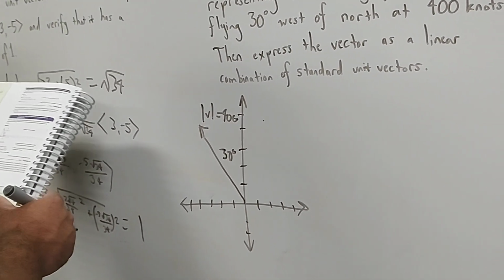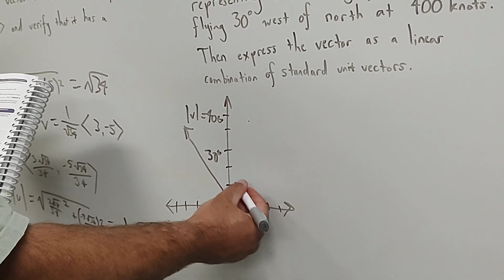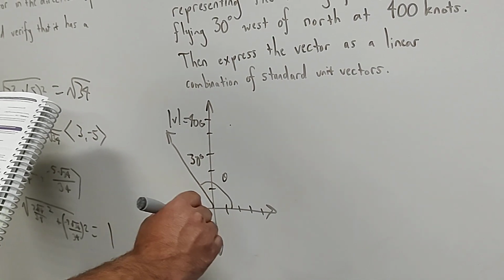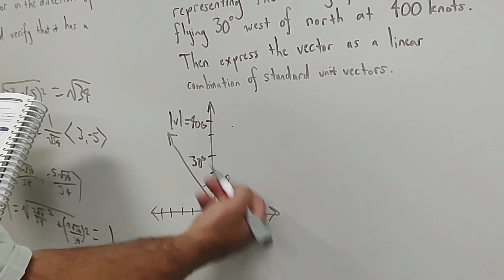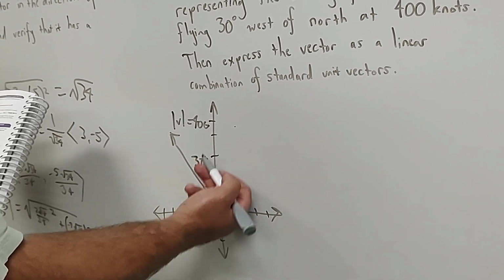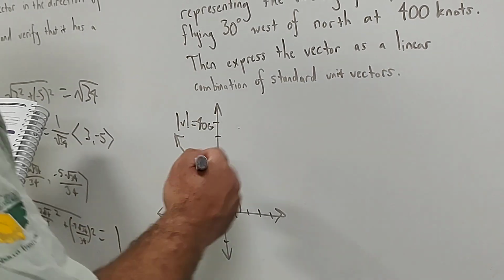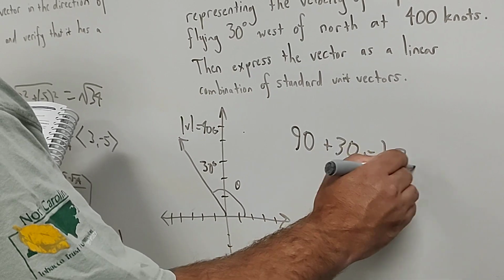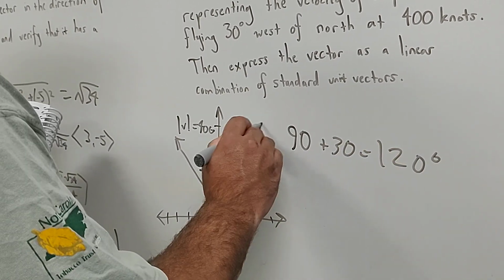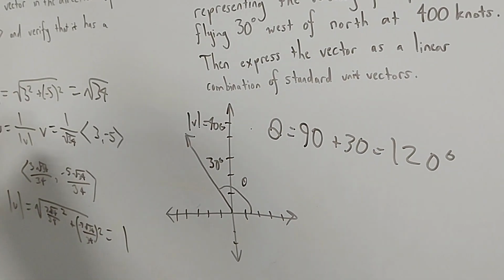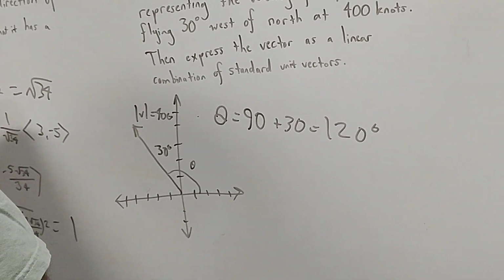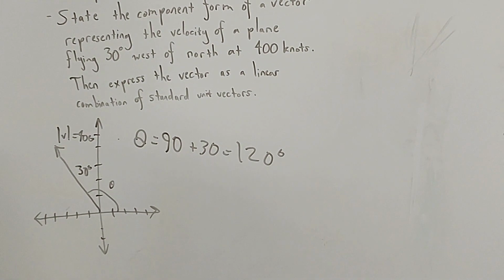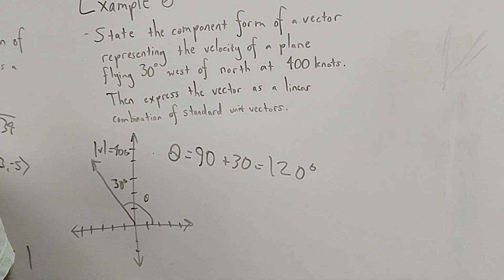That's pretty easy. Next we need to find theta. Remember, theta is from here to here. So we don't have 180 degrees anymore. All we have is 90 degrees. So we just take 90 degrees, add 30 to it, and we get 120. That's our theta. And then lastly, we actually have to do math to get to our component form.